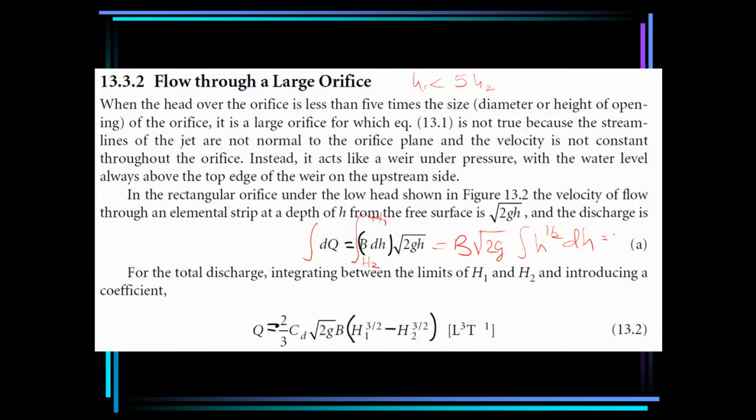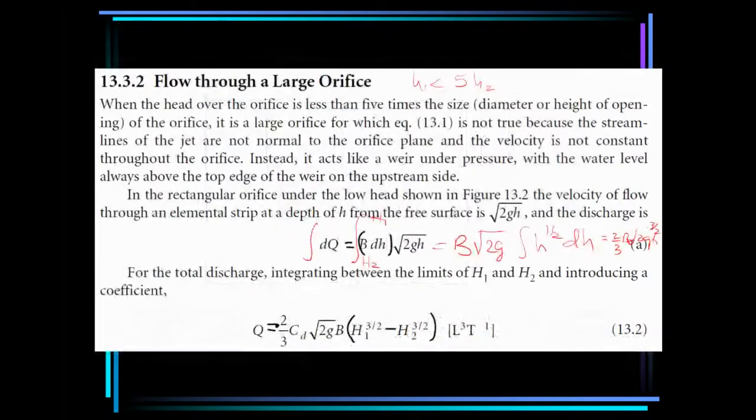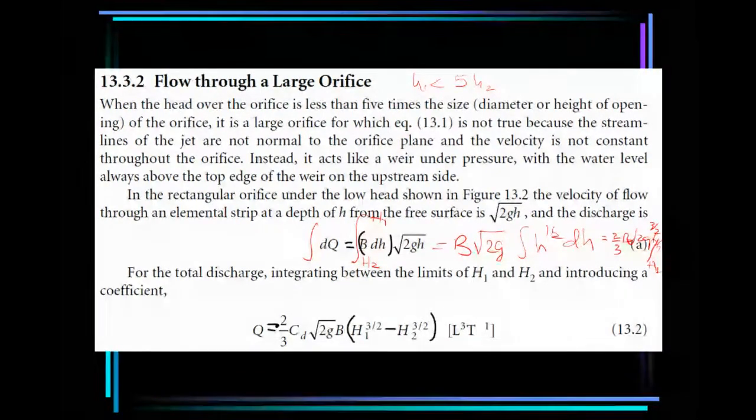So this becomes 2 over 3 b root 2g h to the power of 3 over 2. And then you now substitute the limits, from H2 to H1. That's why you have it here, H1 to the power of 3 over 2 minus H2 to the power of 3 over 2.